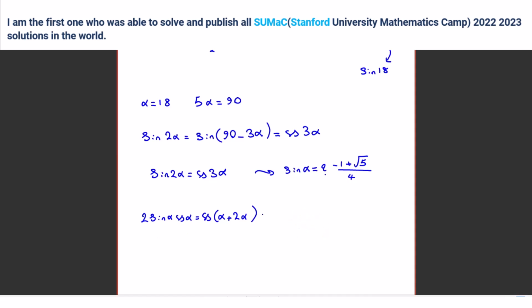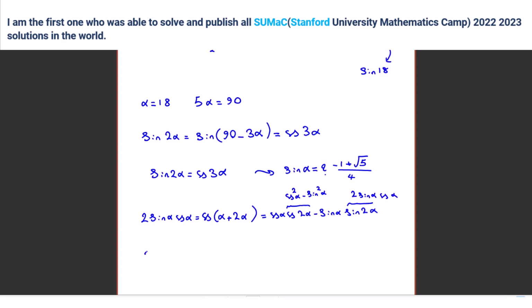Let's check. Here we write it as cosine alpha cosine 2 alpha minus sine alpha sine 2 alpha. Then we expand cosine 2 alpha as cosine squared alpha minus sine squared alpha, and sine 2 alpha as 2 sine alpha cosine alpha.